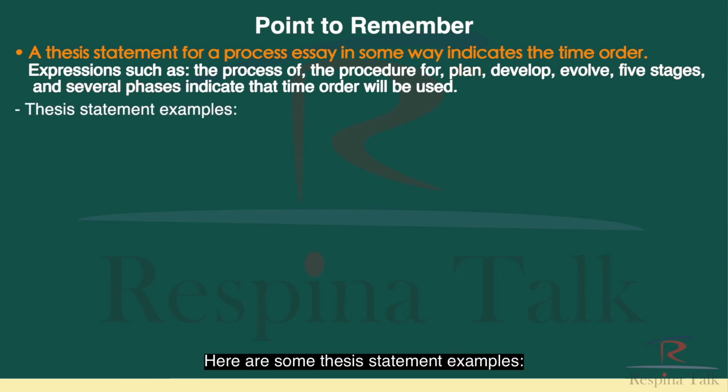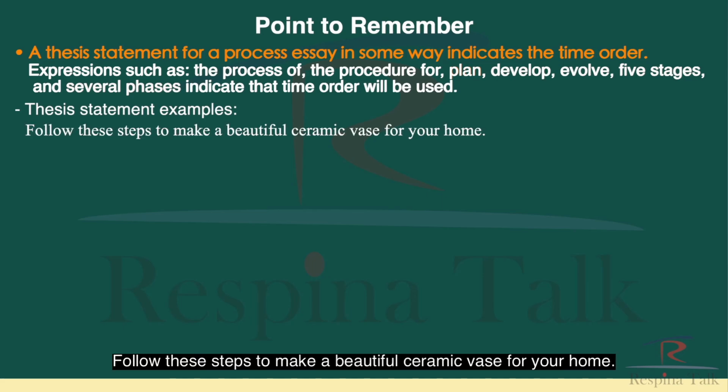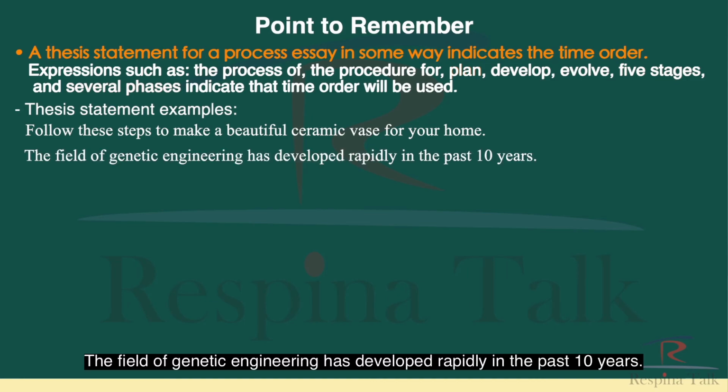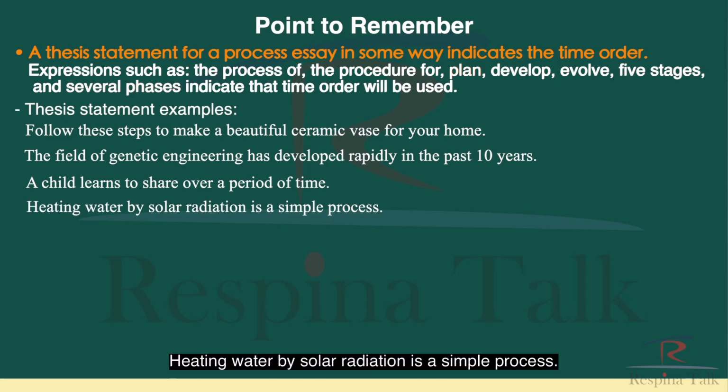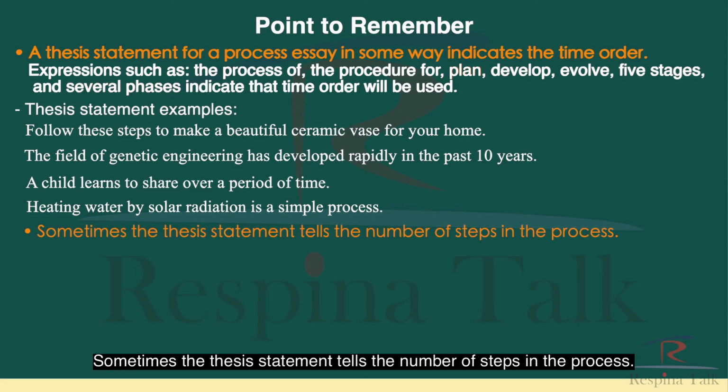Here are some thesis statement examples. Follow these steps to make a beautiful ceramic vase for your home. The field of genetic engineering has developed rapidly in the past 10 years. A child learns to share over a period of time. Heating water by solar radiation is a simple process. Sometimes the thesis statement tells the number of steps in the process.